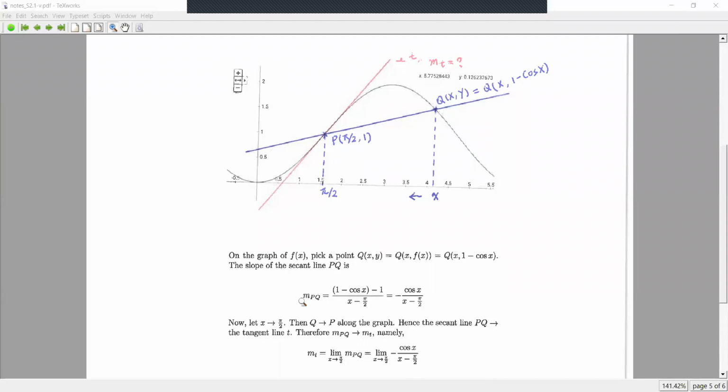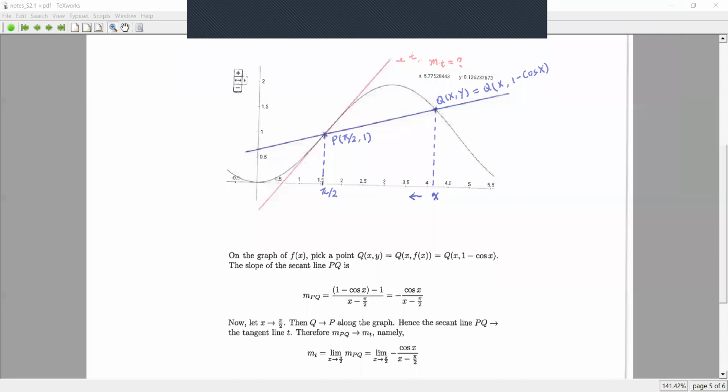By the slope formula, the slope of the line PQ is y2 minus y1 over x2 minus x1. y2 is 1 minus cosine of x. y1 is 1. x2 is x. x1 is pi over 2. Cancel the number 1, then we have this. This is the slope of the line PQ.